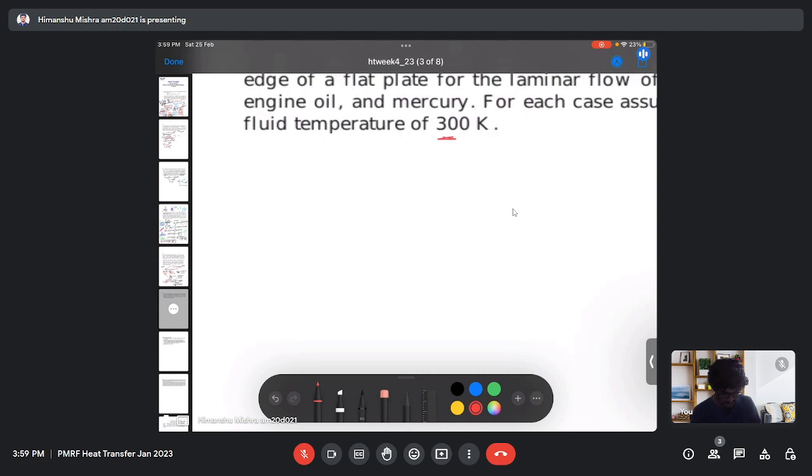So in this question, we can roughly estimate the hydrodynamic and thermal boundary layer by using the Prandtl number, which is a ratio of molecular diffusivity to the thermal diffusivity. We can define the Prandtl number as the hydrodynamic boundary layer thickness to the thermal boundary layer.